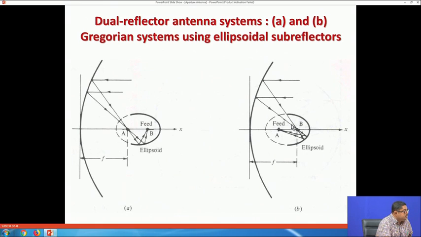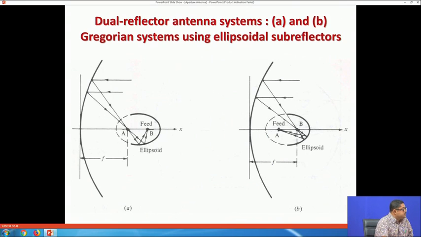Here it is focused on the other point B, and it gets reflected and comes to the feed at A. Now, this A is much nearer to the paraboloid, while this B was much more distant from the paraboloid. So, these are your choices.